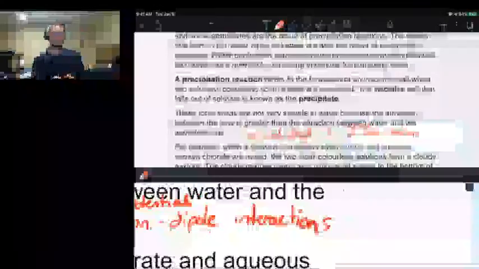That's probably generally the driving force, and I'm going to put in that entropy part. Entropy changes.